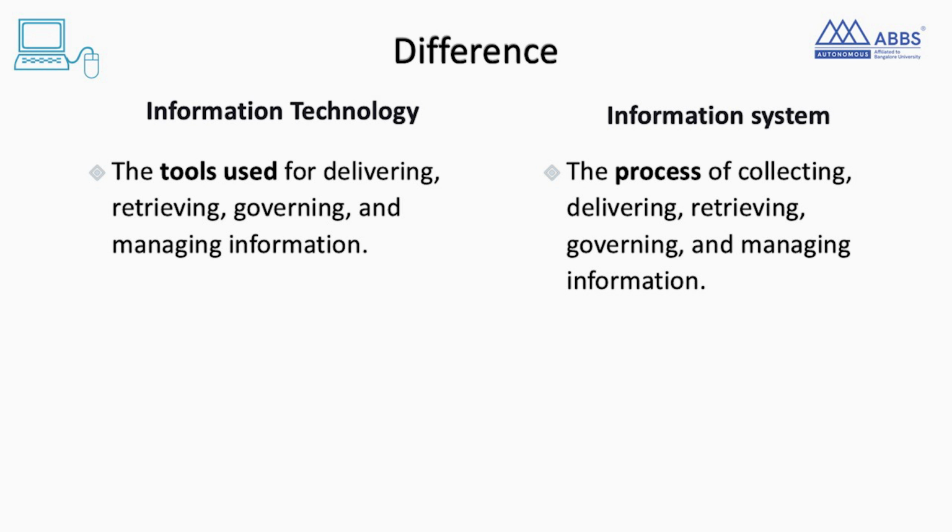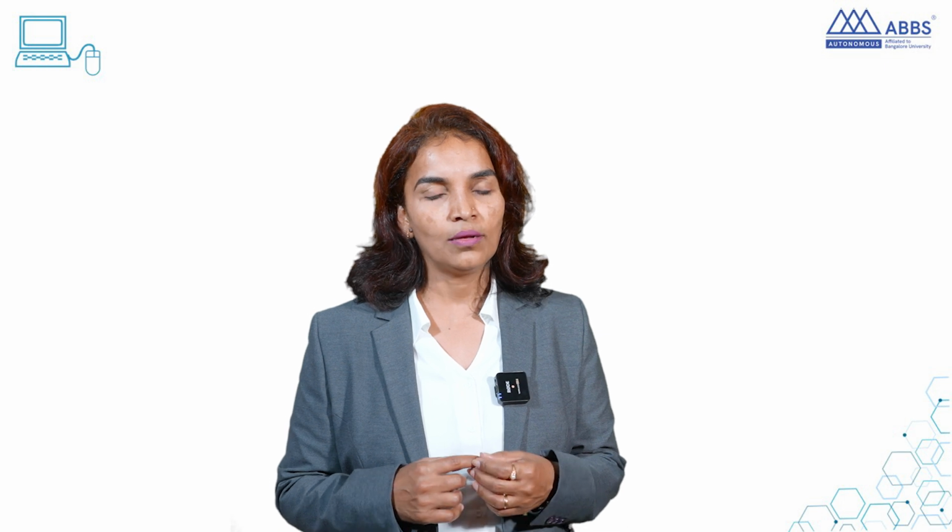Now, having understood the difference between information systems and information technology, let us try to understand how both play an important role in the Indian scenario. Information technology and information science have been contributing to the growth of business.